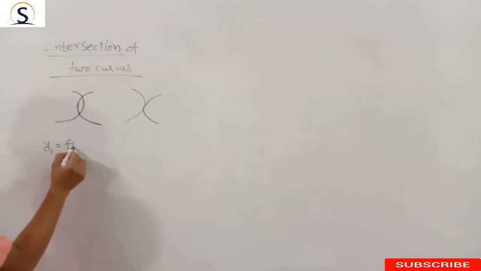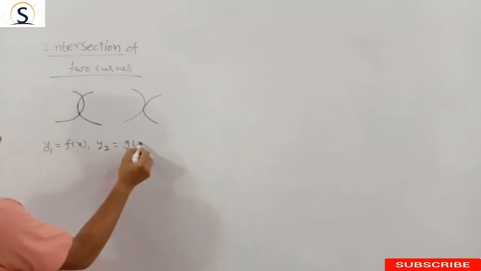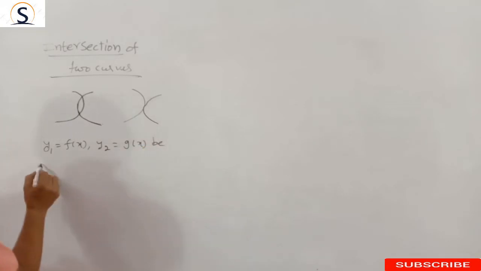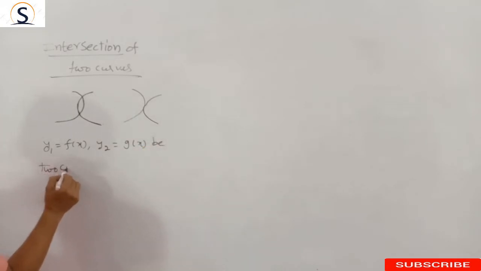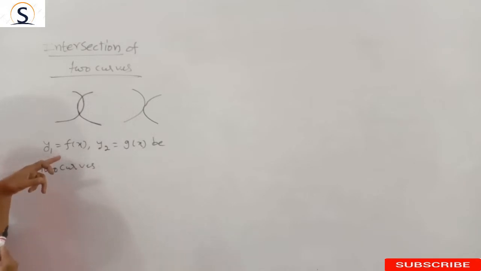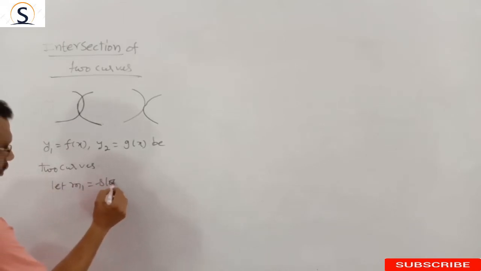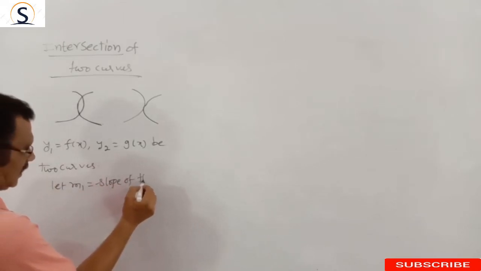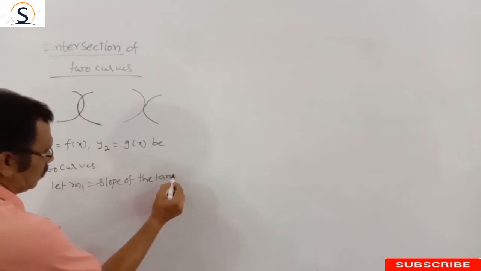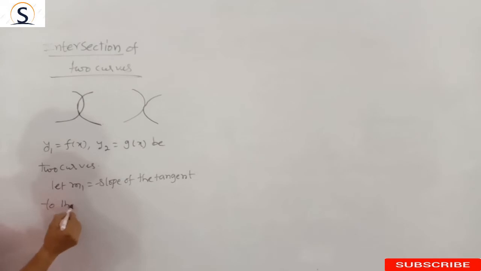y1 is equal to f of x, y2 is equal to g of x, be two curves. Now, for the first curve, you find out the slope of the tangent. Let m1 be the slope of the tangent to the first curve.